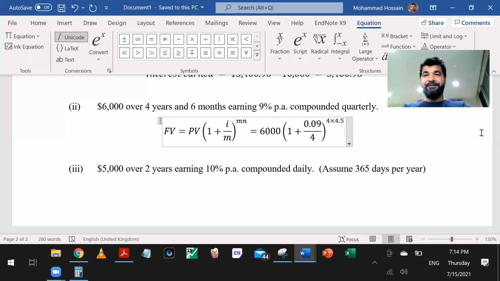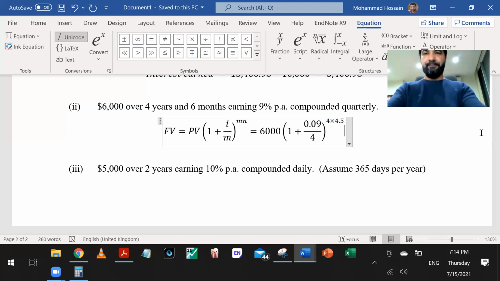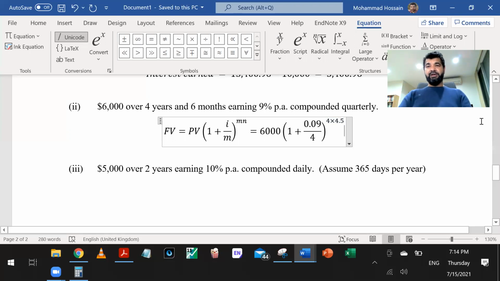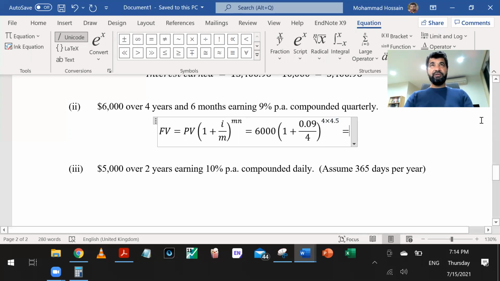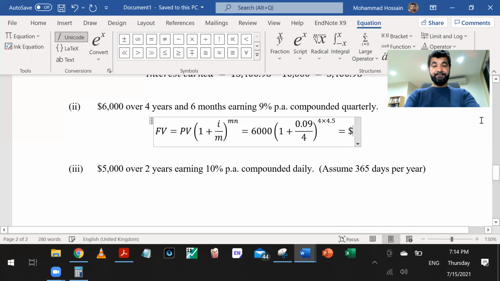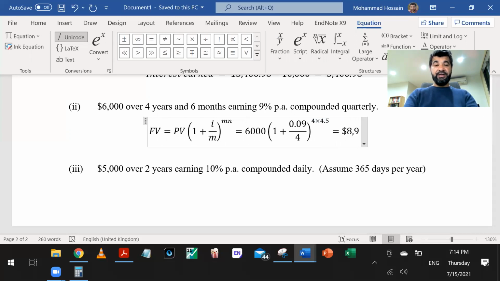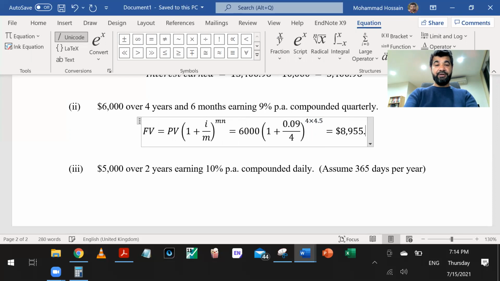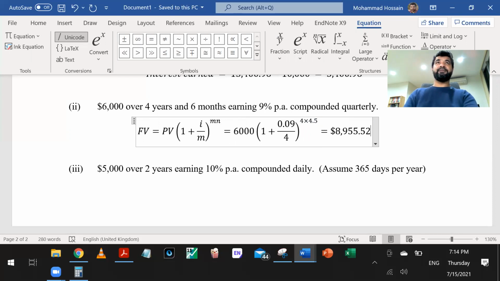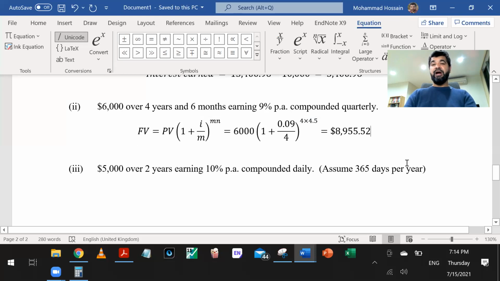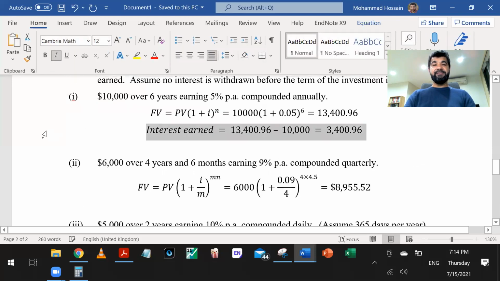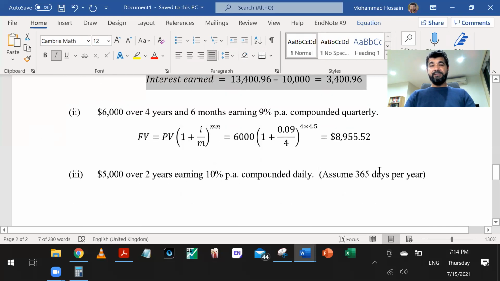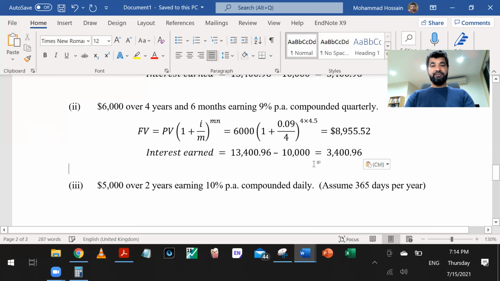So this is equal to, the answer should be equal to how much? 8,955.52. Okay, that's your future value. How much interest has been earned? Same thing. That's your future value.